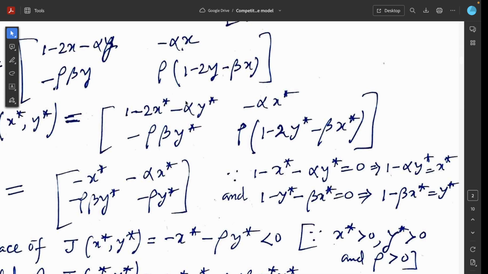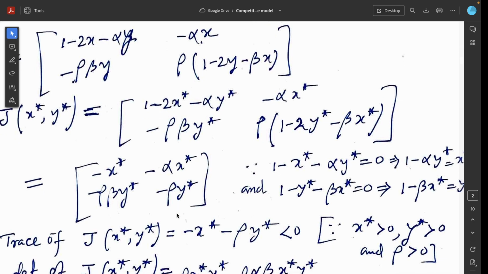So 1 - 2x star - alpha y star becomes minus x star, and the second entry is minus alpha x star, and minus rho beta y star. And from the equation 1 - y star - beta x star equals 0, we get 1 - beta x star equals y star. So put that here: y star minus 2y star equals minus y star, times rho, so minus rho y star.